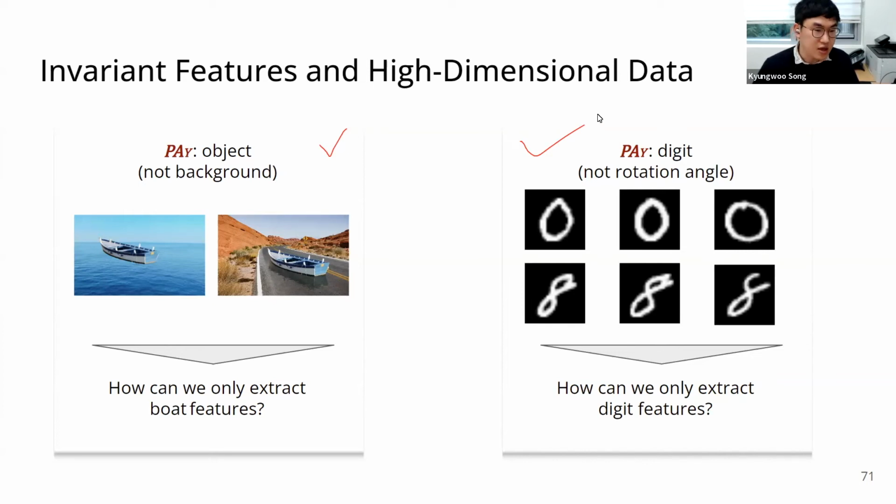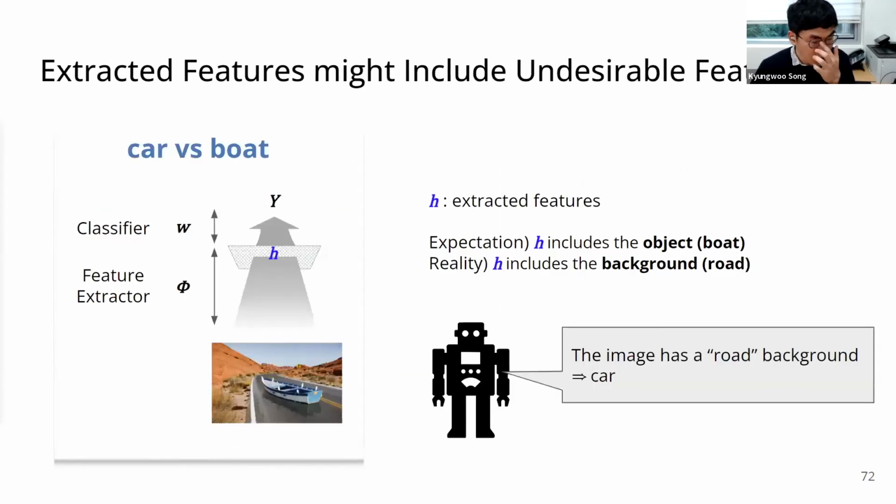Similarly, it's not trivial to extract the digit features only, without the rotation angle and the thickness features. They cannot be separated easily. To recap, injecting the invariant features only into the machine is not trivial for an image dataset. Therefore, we usually inject all images into the machine.